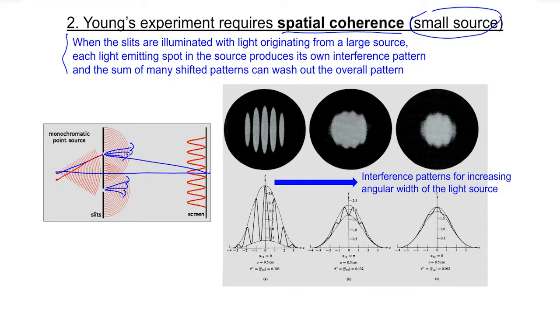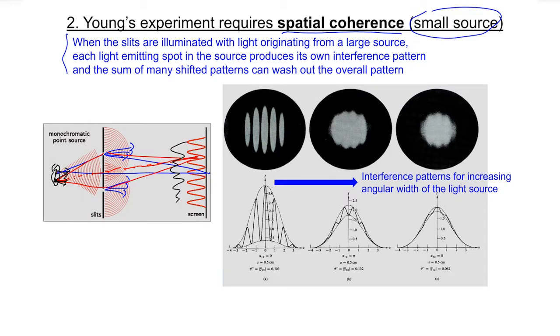And if you trace that light and wonder where the point of constructive interference is, you will realize that if the source is shifted, then also the point of constructive interference is shifted. So the problem you're facing if you have a large source is that each part of the source emits its own light, produces its own interference pattern, and these interference patterns might be shifted with respect to each other.